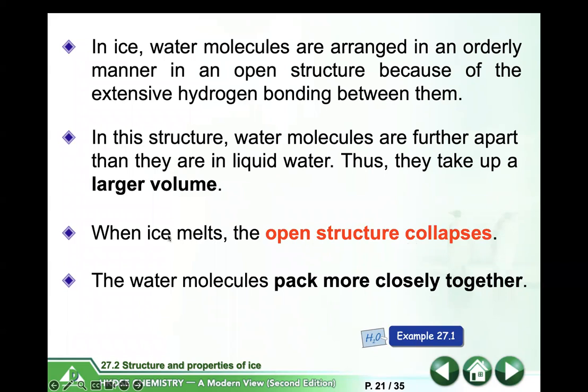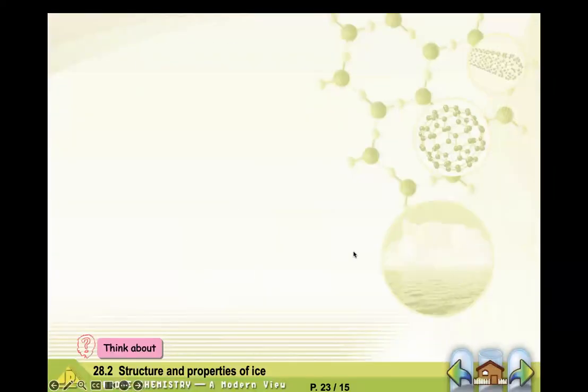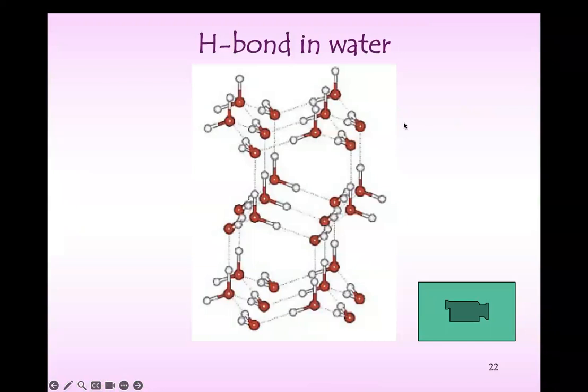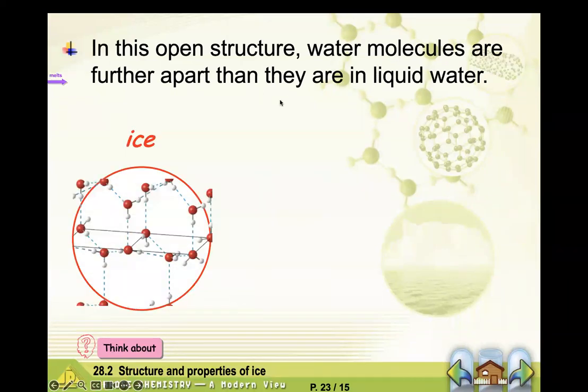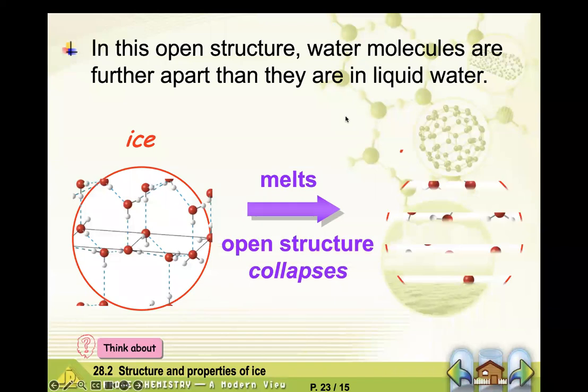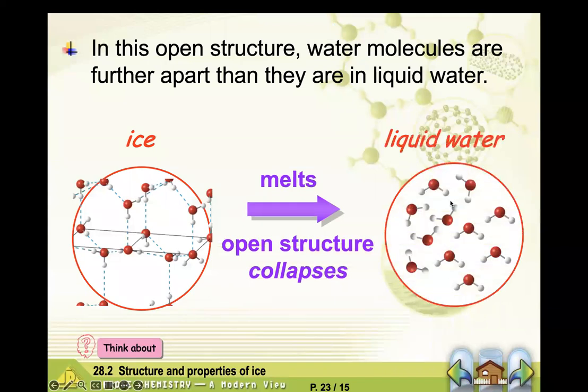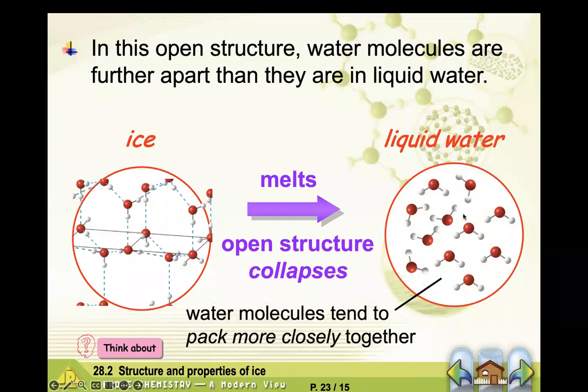But when ice melts, the open structure collapses. The hydrogen bonds in ice make the empty space there. In this open structure, water molecules are further apart than in the liquid. So once it collapses, the molecules can get even closer to each other.